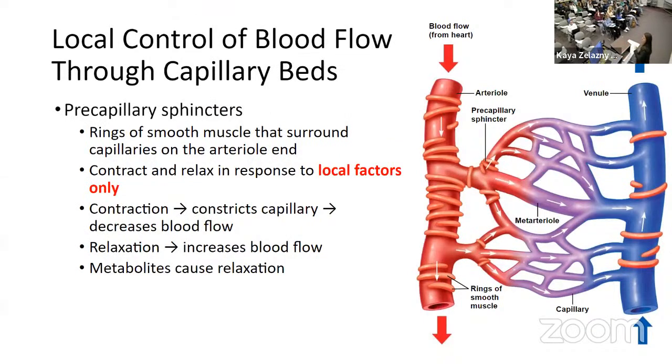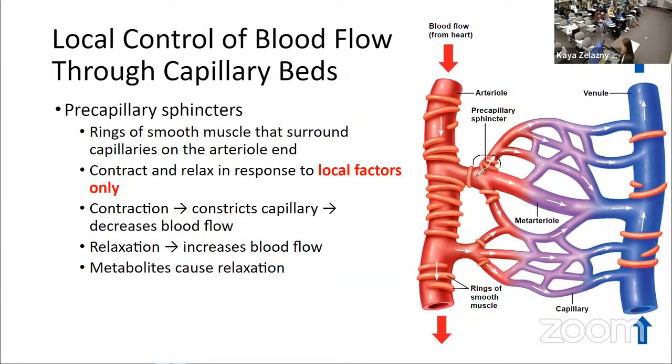A similar concept is a structure called a precapillary sphincter. This is again a ring of smooth muscle. We can see those on here: the little curly strand that's supposed to be smooth muscle surrounding the beginning of this capillary.